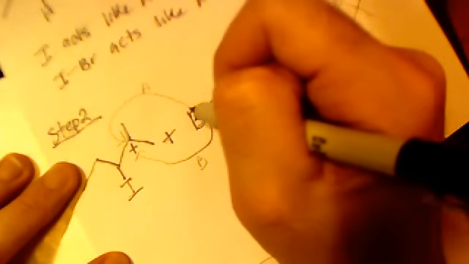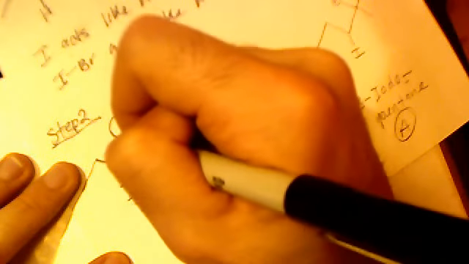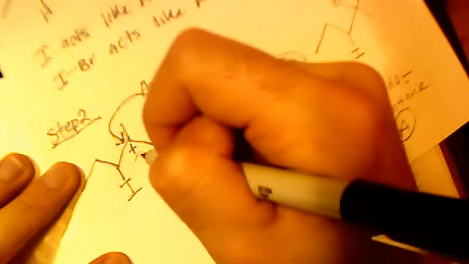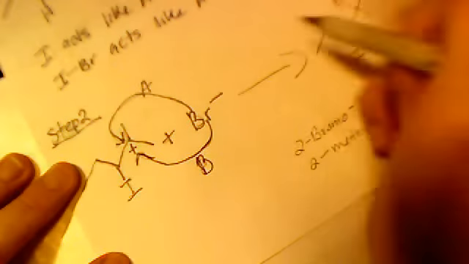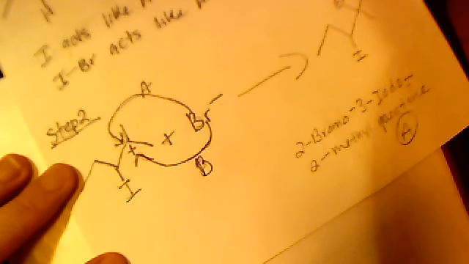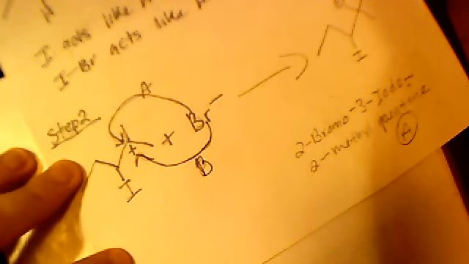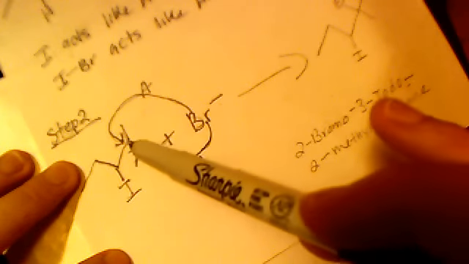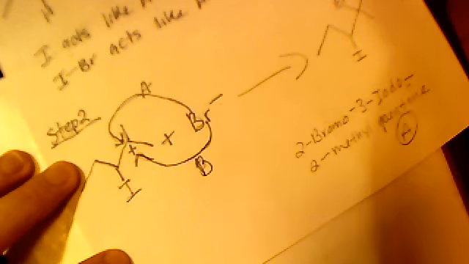It's flat, so it can go from the top or from the bottom. And the question is, is it going to create one molecule or two? Is it going to create enantiomers or what? We'll look at it. This carbon is attached to a methyl and to 2 groups that are exactly the same, so it can't form enantiomers.